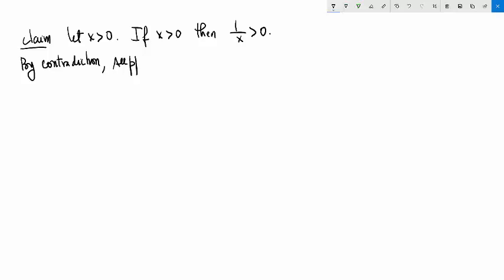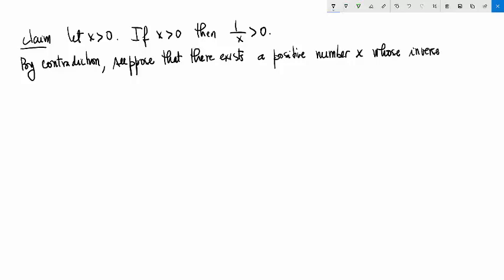So by contradiction, suppose that there exists a positive number x whose inverse is not positive.